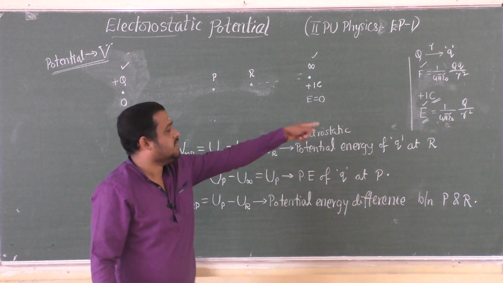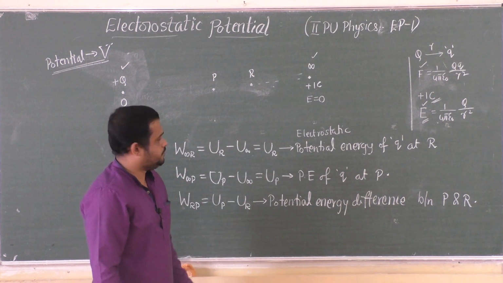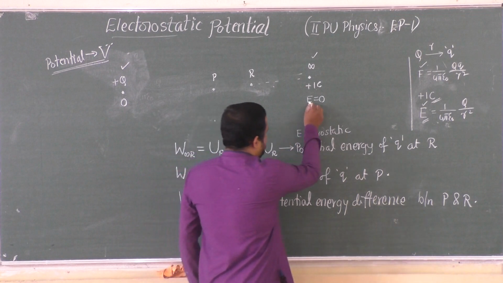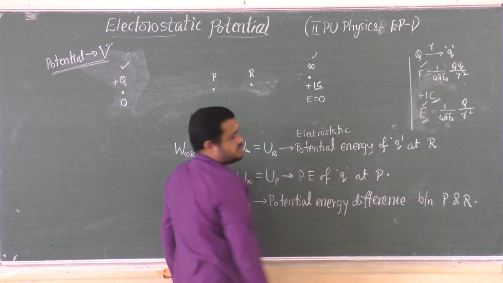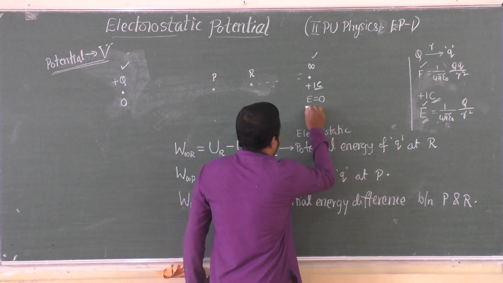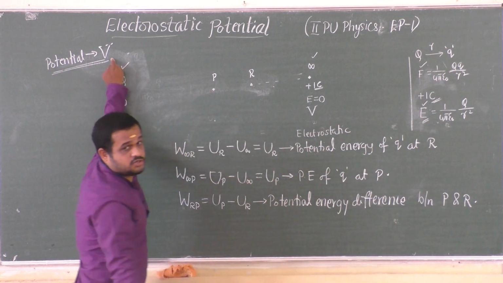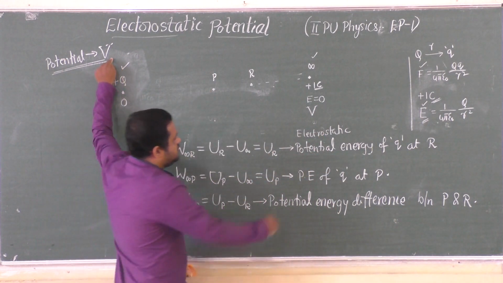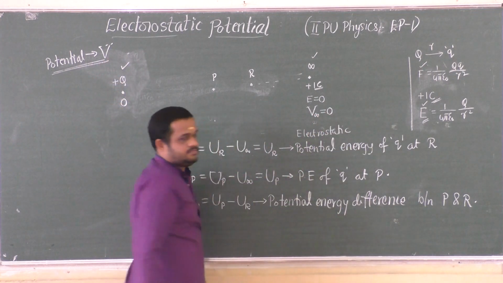We know the condition, distance is infinite, therefore electric field is equal to 0. If electrostatic force is equal to 0, the potential energy of this unit positive charge is also equal to 0. So at this point, the potential energy of the unit positive charge is called potential, and we use notation V. So therefore potential at infinity is equal to 0.